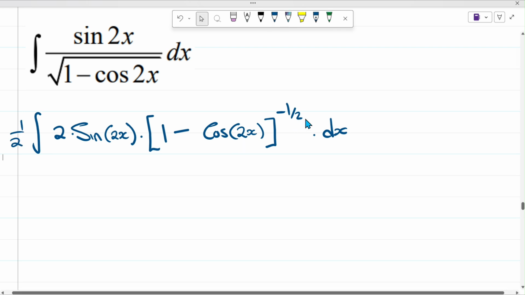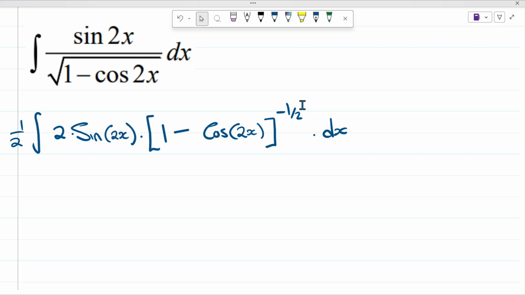And then from there, we make use of our general power rule, because our n here is not equivalent to negative 1. So we should use the general power rule, right? So we're going to have this 1 over 2 outside, and then we apply our general power rule here.